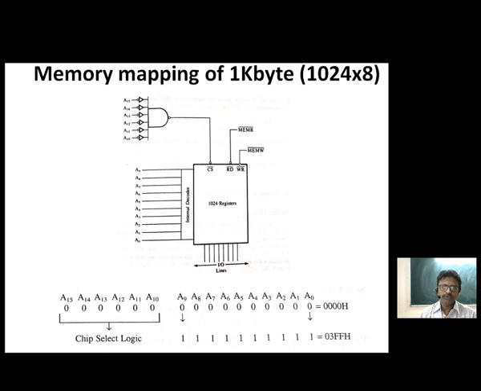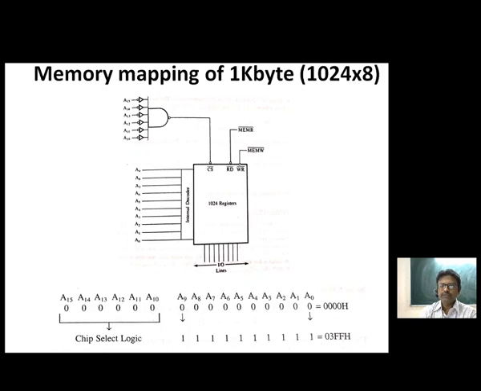So therefore it depends on how many registers are available in a particular memory chip. Now here the figure is showing the memory mapping of 1 kilobyte of memory, and this 1 kilobyte of memory is represented as 1024 into 8.